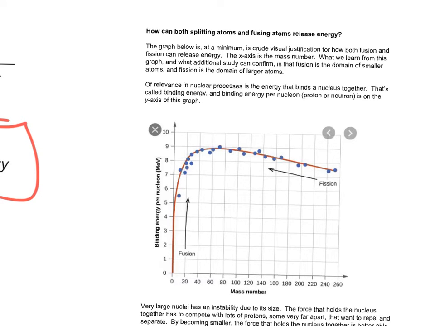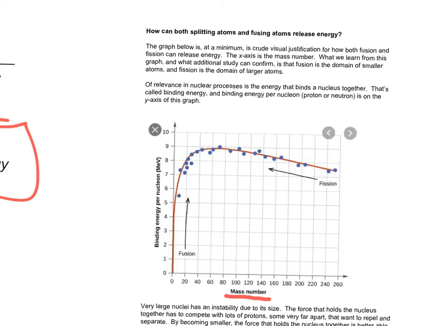What we see on this graph is the x-axis is mass number. We see that this graph has a peak to it, and then it drops off. Mathematically, we are familiar with graphs that might have a maximum. They climb up from one side, achieve a maximum, and then start to decrease on the other side. That's what we're seeing here.